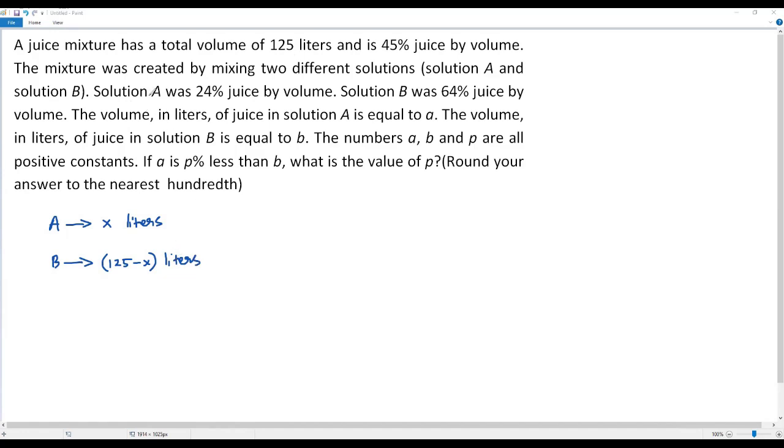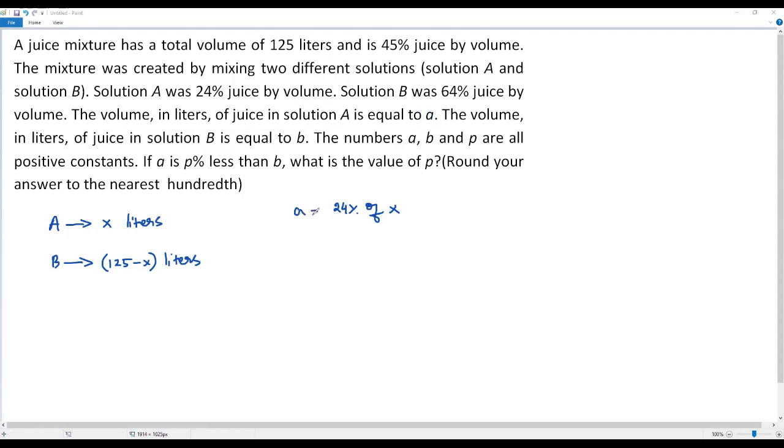Okay, and also there is an information, solution A was 24% juice by volume. That is, in this X number of liters of solution A, 24% is juice. Now to find the number of liters of juice in this X liters of solution A, we have to calculate the 24% of this X. Okay, now let me write it over here, 24% of X. So this expression represents the number of liters of juice we have in solution A, that is given by the lowercase a according to the information we have.